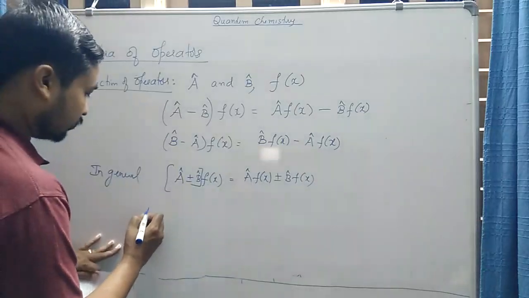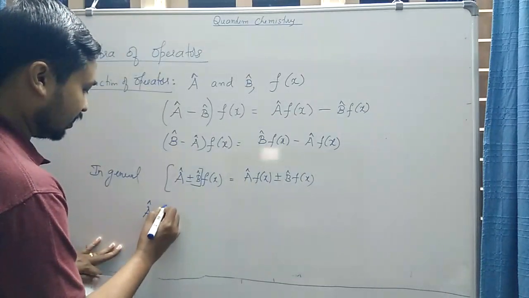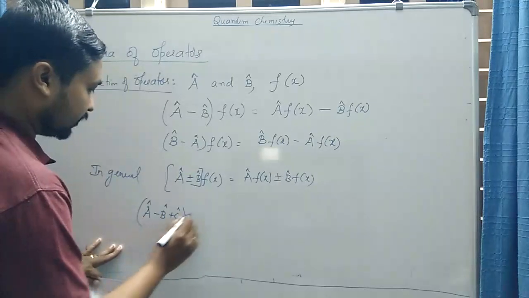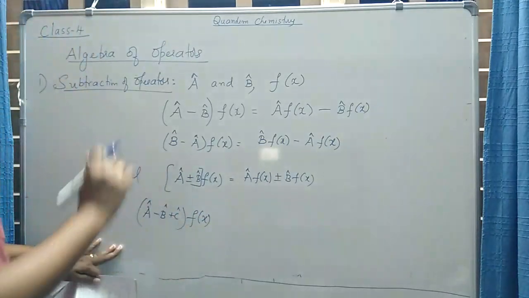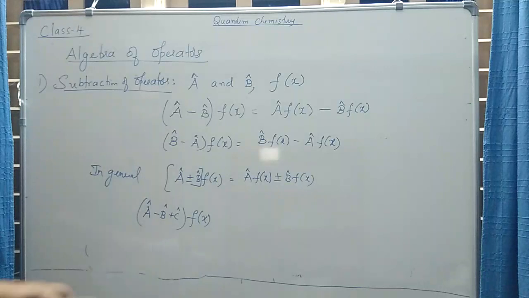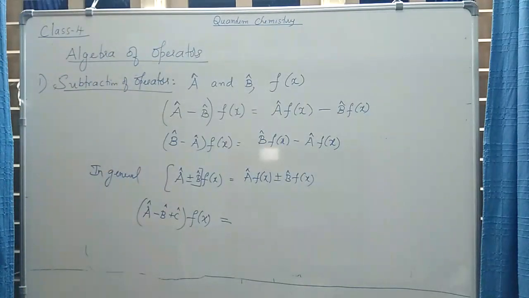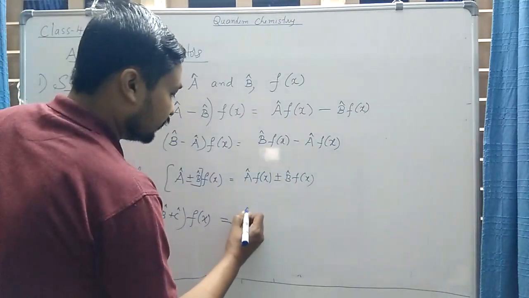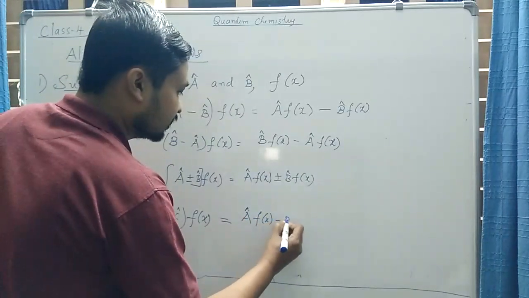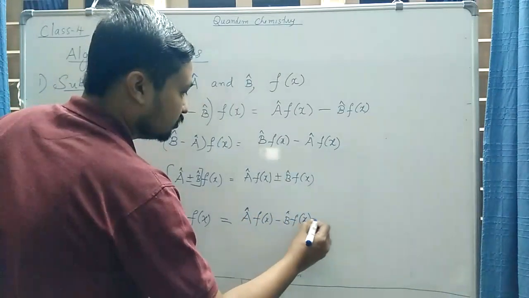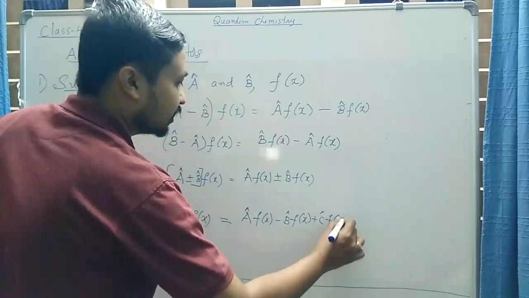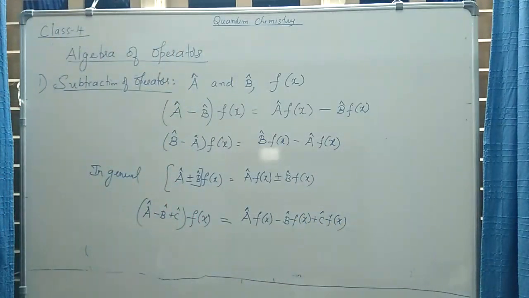For example, if I have (A minus B plus C) of f of x, where you have both addition and subtraction of operators, based on the definition you can write this as A of f of x minus B of f of x plus C of f of x. So this is the simple rule of addition and subtraction.